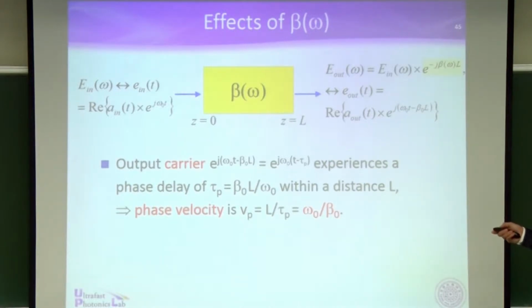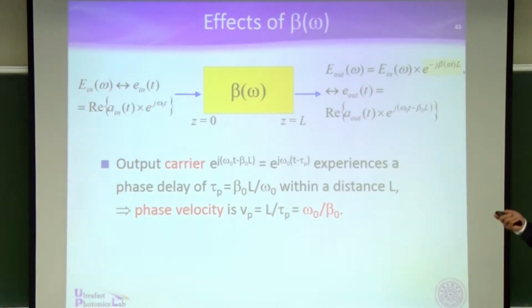Then it means the output carrier experiences a phase delay of tau p. Tau p is a physical quantity about time, right? Because in the parentheses, t minus tau p means tau p and t are the same physical quantity, time. The input carrier is e to the j omega 0 t, the output carrier is e to the j omega 0 times (t minus tau p). What does that imply?